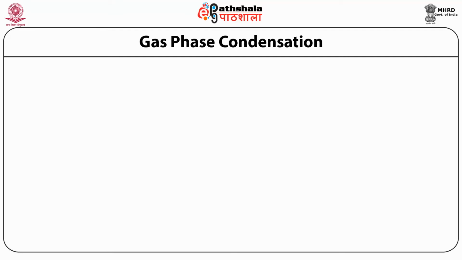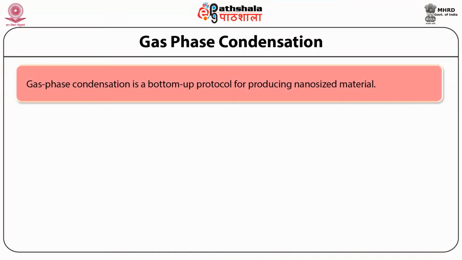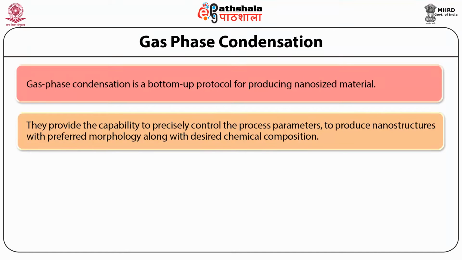Gas phase condensation processes are one of the oldest methods for materials processing and have many advantages over other nanoparticle synthesis techniques. Gas phase condensation is a bottom-up protocol for producing nano-sized material. They provide the capability to precisely control the process parameters to produce nanostructures with preferred morphology along with desired chemical composition.